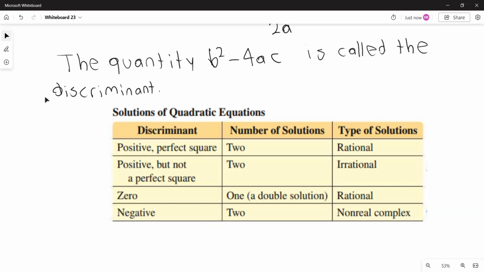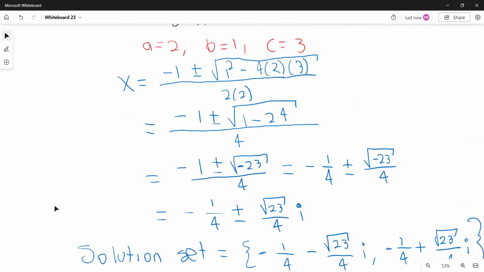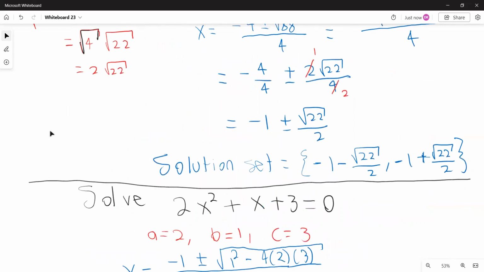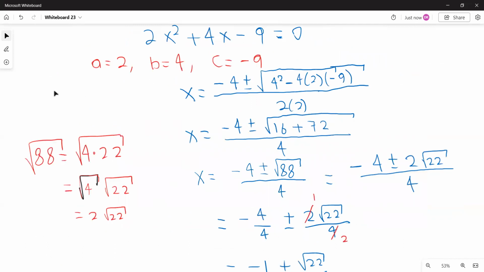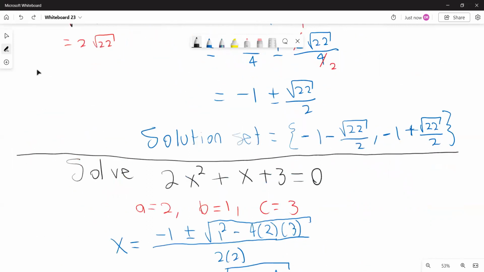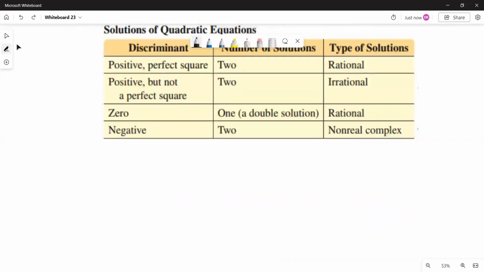So we did the previous examples. Okay, so we did the following examples.